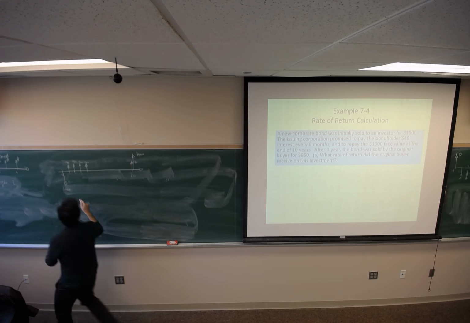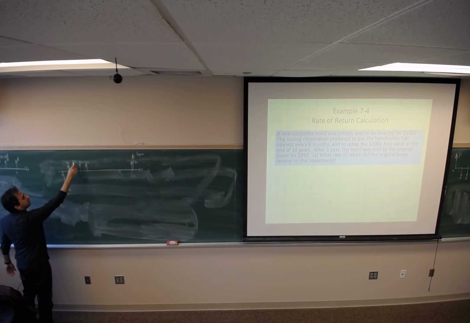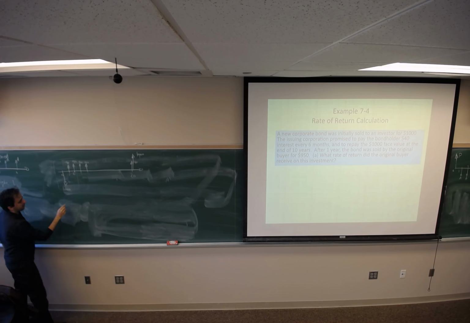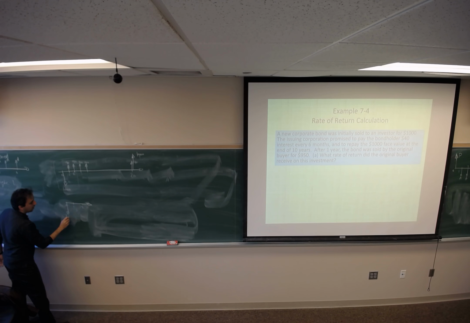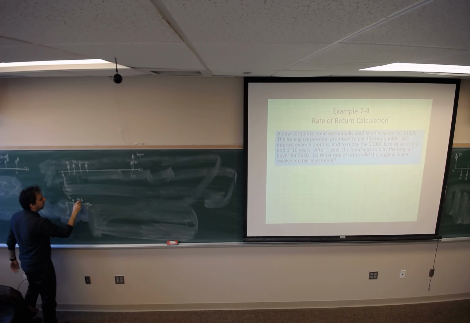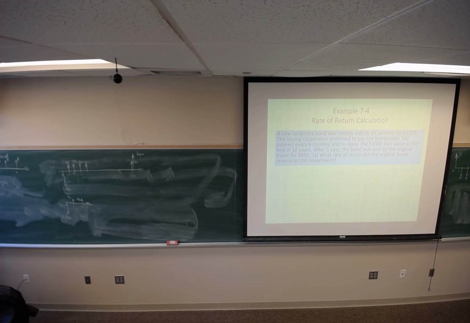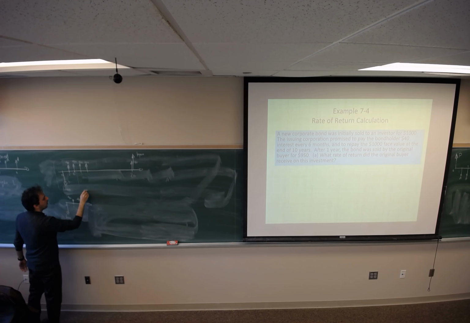So after 1 year means this part. If I draw the cash flow diagram for the first year, you paid $1,000, you get paid $40, and you could sell the bond at the price of $950 to someone else.